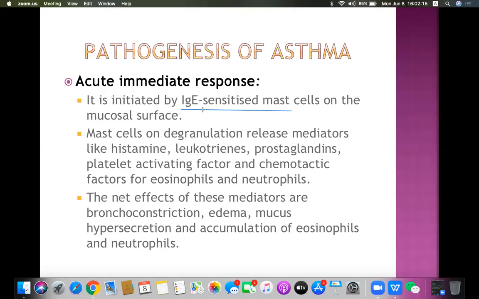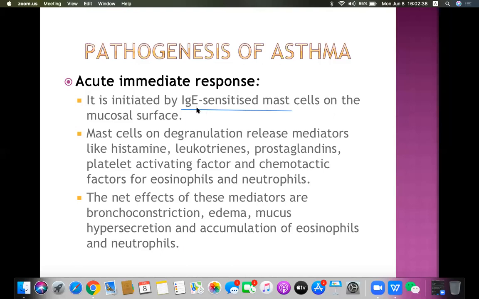But non-atopic individuals, means other normal people who are not sensitive to allergy, do not synthesize IgE antibody. Remember that. They synthesize IgG or IgA antibody when they are exposed to the antigen. This is a big difference between atopic and non-atopic individuals.